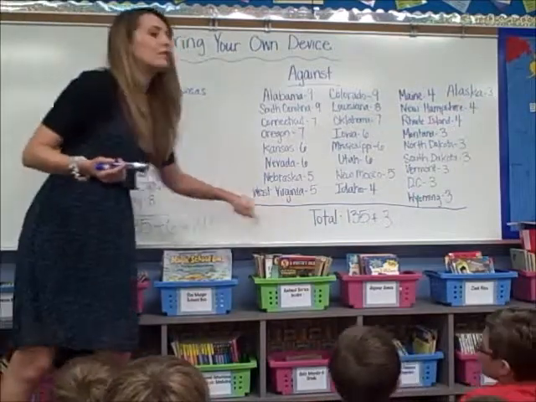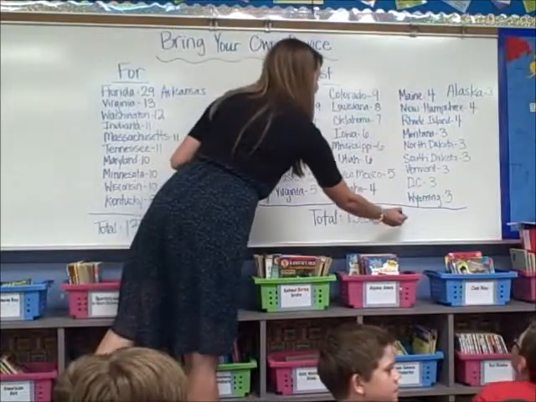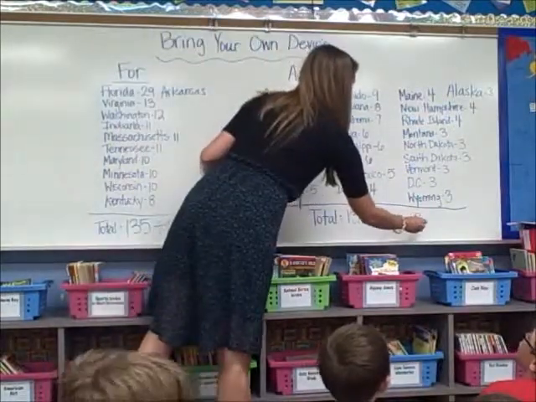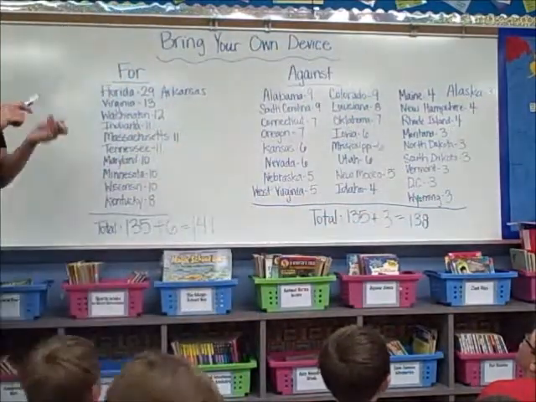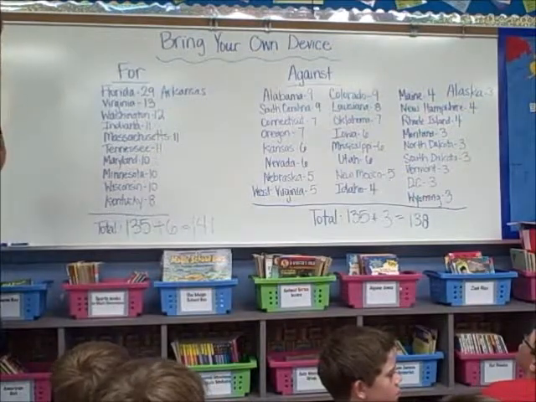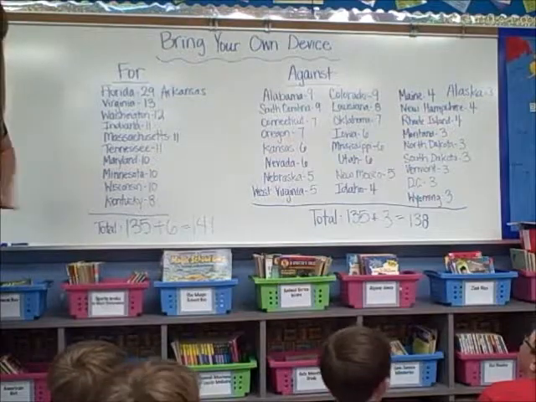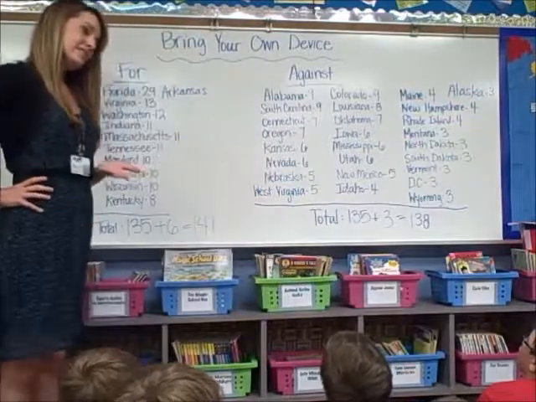Who can tell me the total for against? Elizabeth. 138. How did you get there? Because I know that 135 plus 1 equals 136, plus 2 is 138.